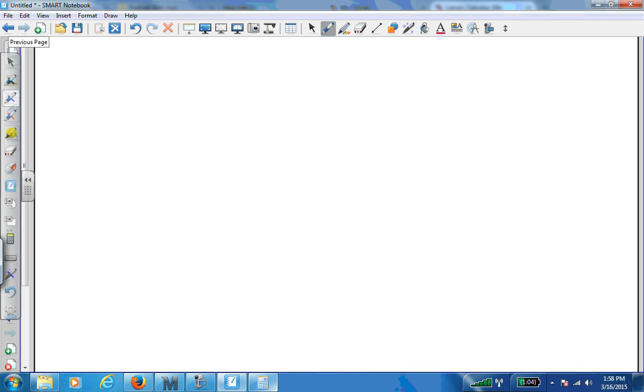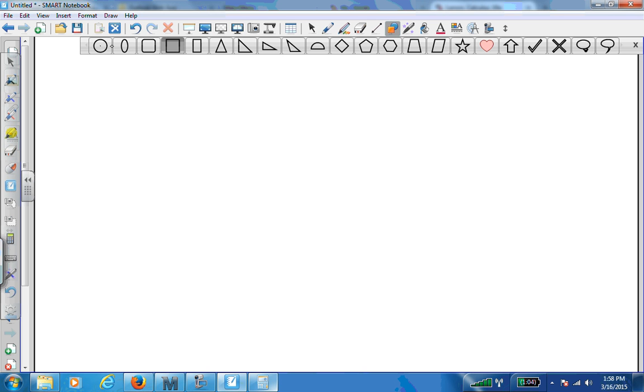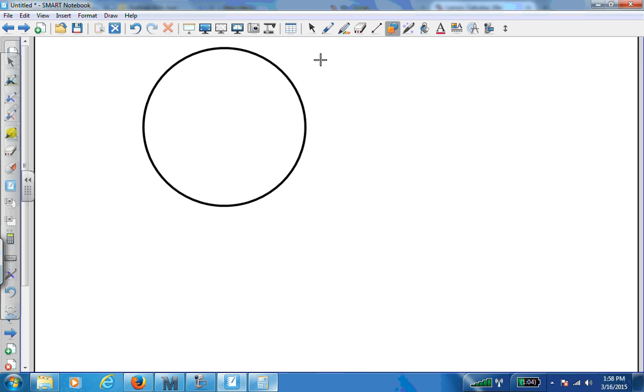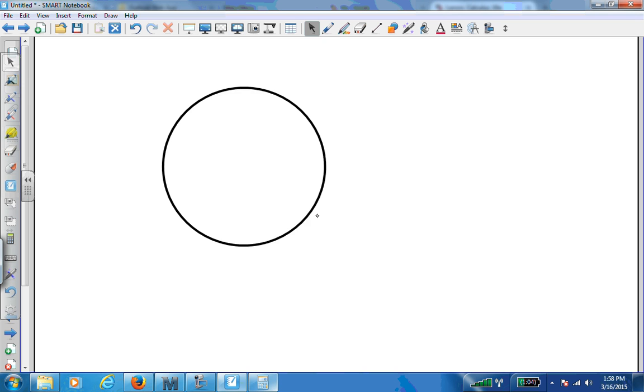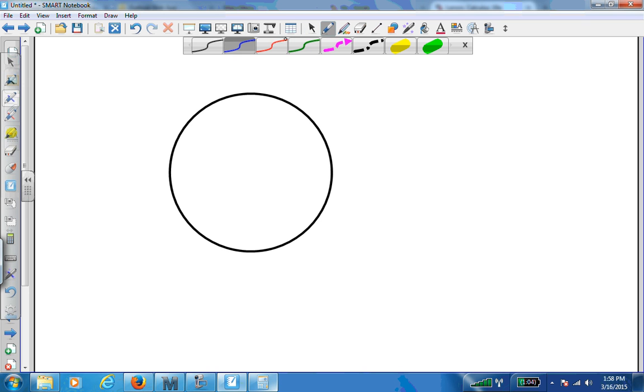All right, let's do another. Let's suppose I have a circle. And let's suppose that I'm measuring the radius of this circle, which generally is a little harder to do than measuring the diameter.